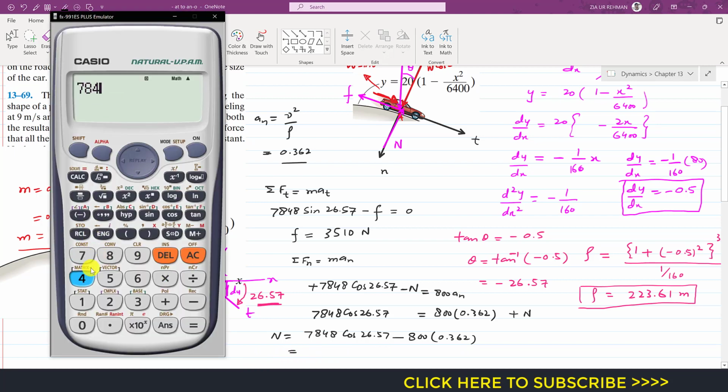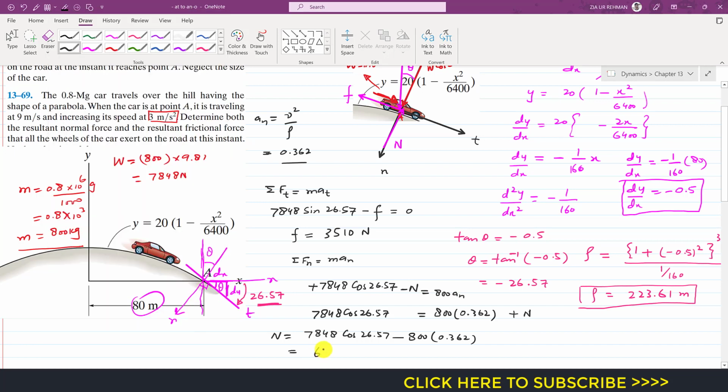So 7848 cos of 26.57 minus 800 into 0.362. This gives me 6729, or we can say that it is approximately 6730 newtons.